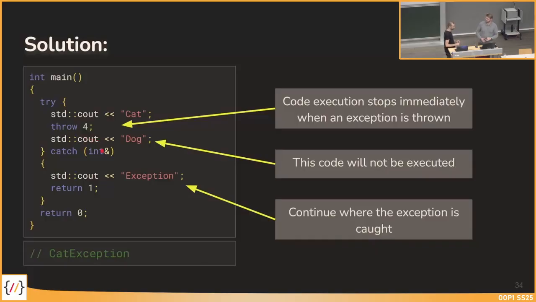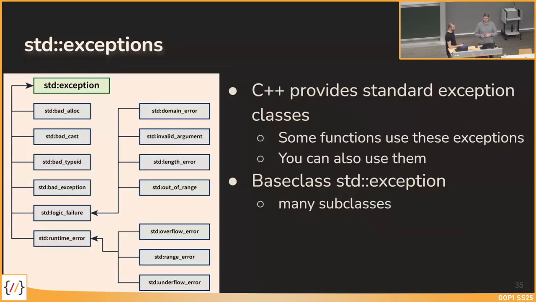What kind of exceptions can we throw? C++ is a cool language. It's an object-oriented language, and we have some classes that are already implemented that we can use for exceptions. There are some standard exception classes. Again, very cool, we have this inheritance here.